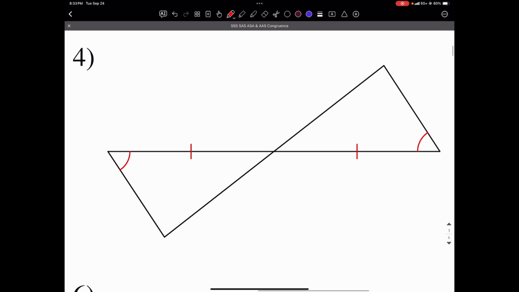Number 4. Now this one, you're given one angle on each, and you're given one side on each. But is there anything else there that we can assume to be true or that we know? Is there another theorem?